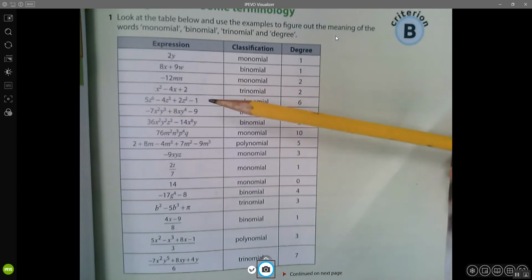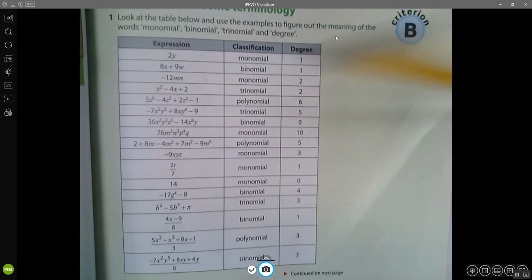Right, so I want you to have a look at this exercise. Look at the table and use the examples to figure out the meaning of the words monomial, binomial, trinomial, and also what the word degree means. There are lots of monomial examples, lots of binomial ones, and a few trinomial ones, so see if you can spot any pattern.